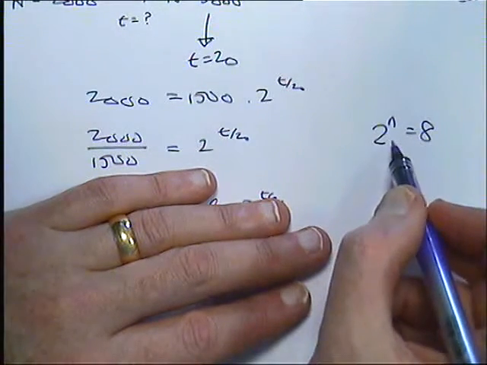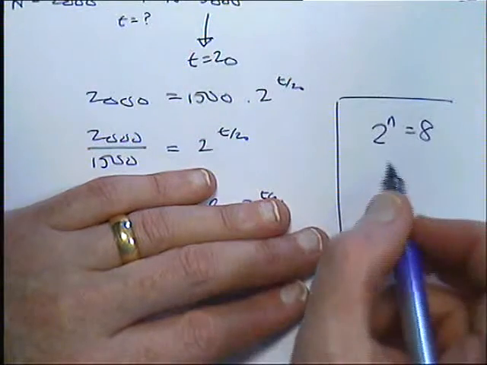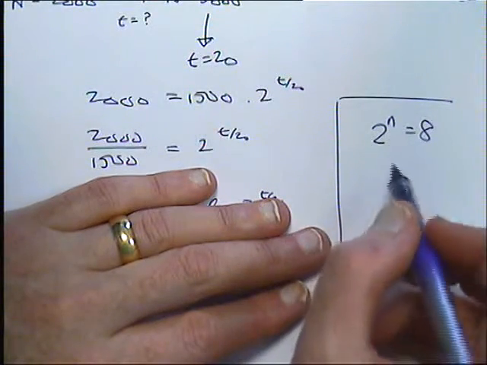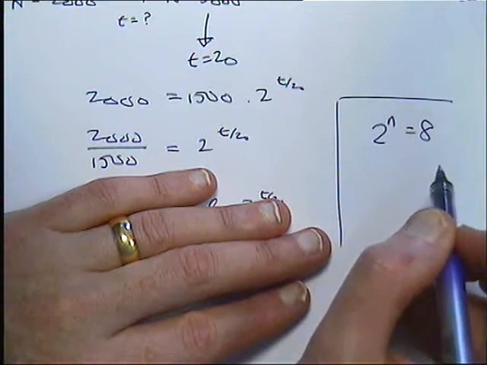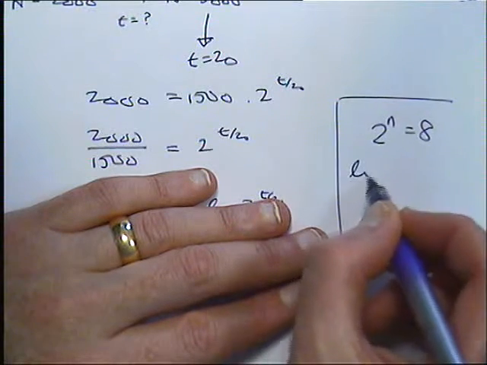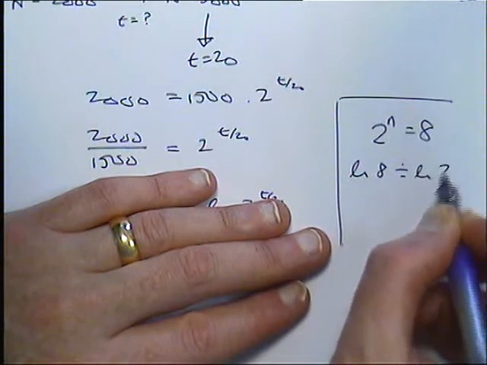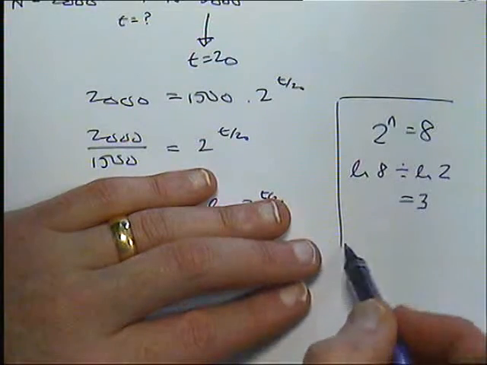What's the answer there? 2 to the power of what is 8? 3. How can you get 3 from your calculator using 2 and 8? If you do log of 8 divided by log of 2, that should give you 3. That's how you solve equations where the powers are unknown, by doing logs.